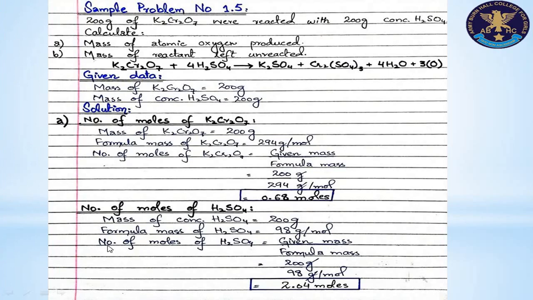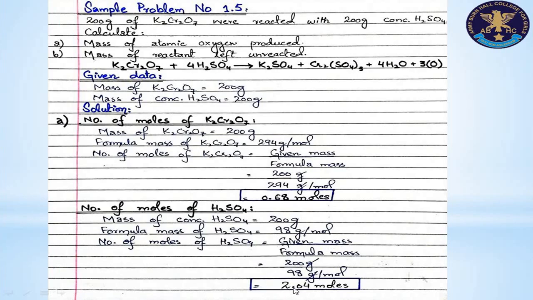So we can calculate the number of moles of sulfuric acid by using this formula, the given mass divided by formula mass. After putting the values, 200 grams divided by 98 grams per mole, grams cancel out each other, and after calculating, the number of moles of sulfuric acid is equal to 2.04 moles.